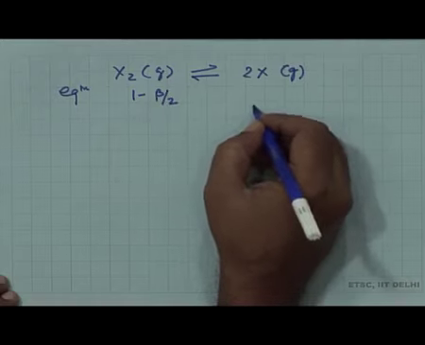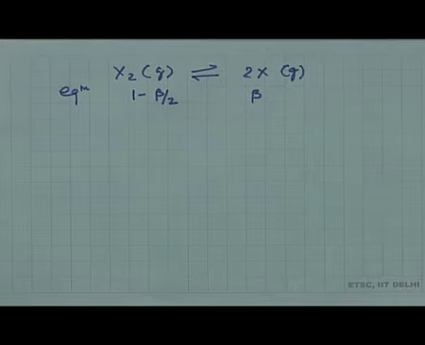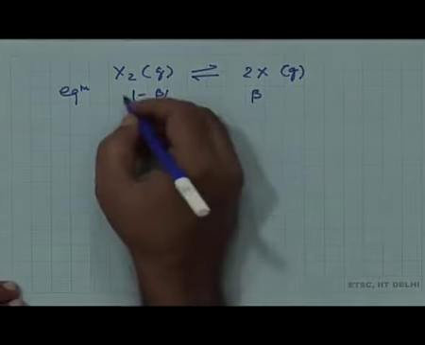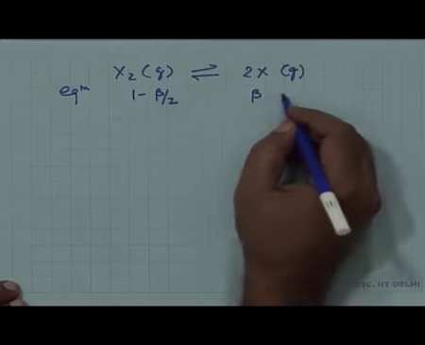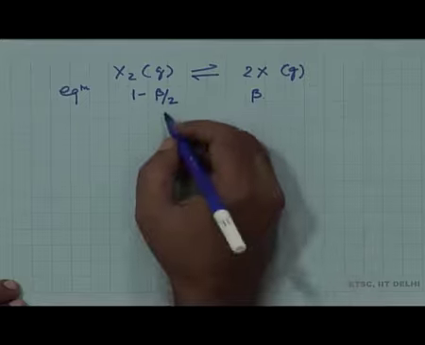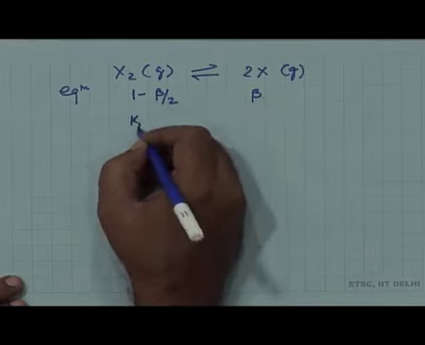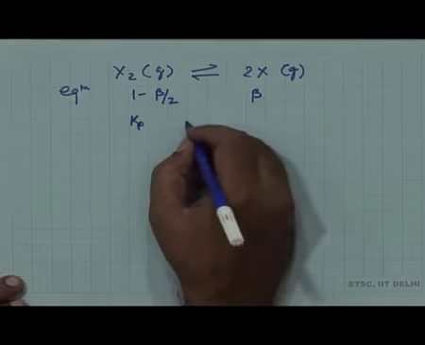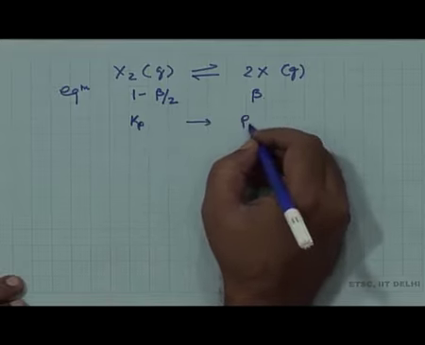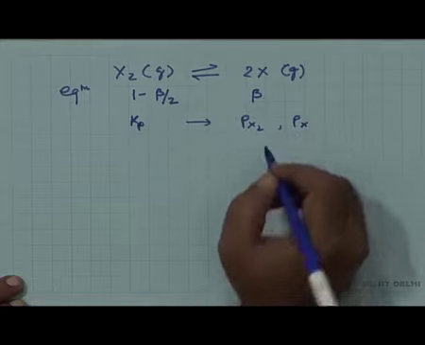So, this is 1 minus beta by 2 and this is your beta. 1 minus beta by 2 number of moles of X2 and beta mole of X is present at equilibrium. So, now we need to calculate Kp, and for that we need to know partial pressure of X2 and partial pressure of X.